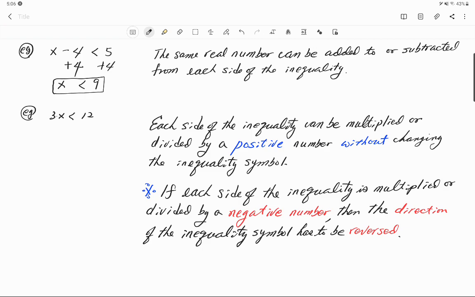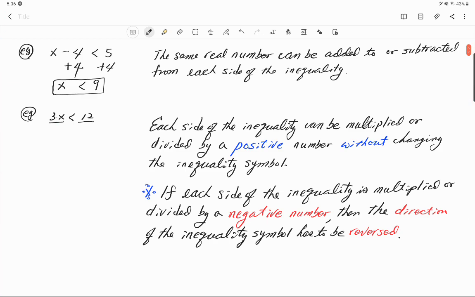When you multiply or divide an inequality, you can multiply or divide each side by a positive number, and then you don't have to change the symbol.